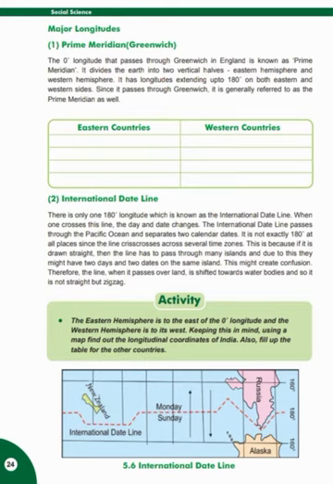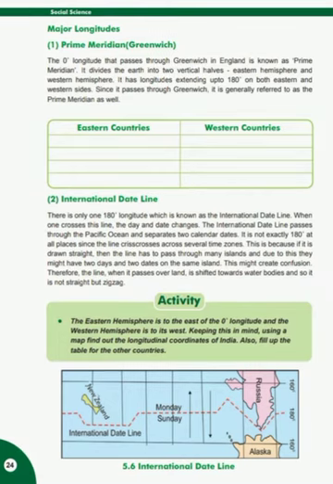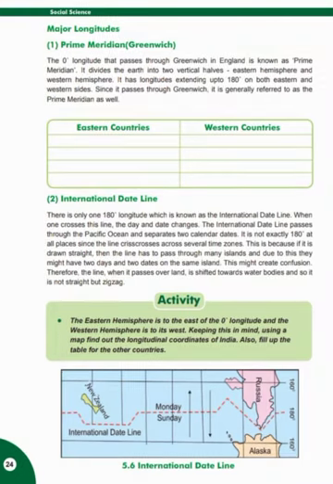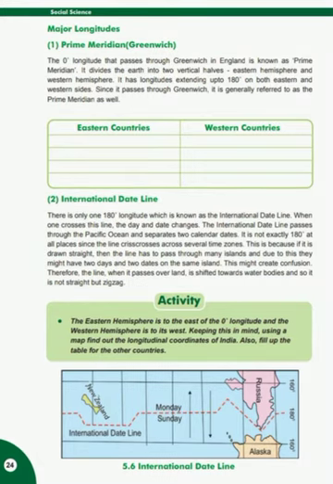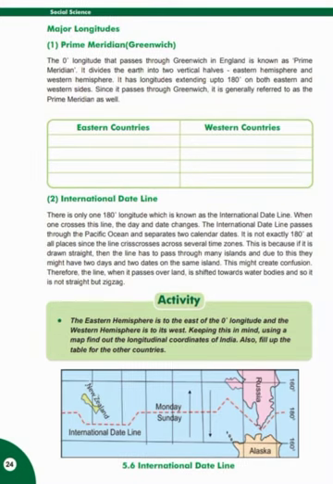Number 2. International dateline. There is only one 180-degree longitude which is known as the international dateline. When one crosses this line, the day and the date change. The international dateline passes through the Pacific Ocean and separates two calendar dates. It is not exactly 180 degrees at all places since the line crisscrosses across several time zones.